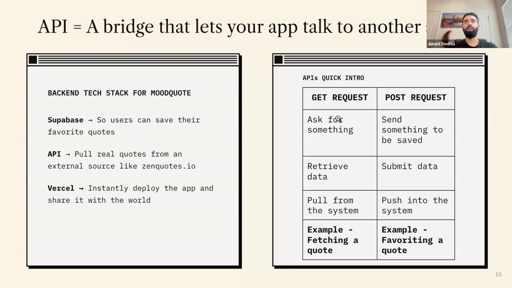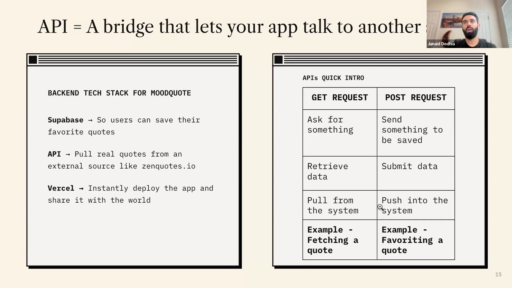Before we move forward, I wanted to quickly cover what GET requests and POST requests mean. In modern applications, we use GET requests to retrieve something and POST requests to submit something. So in our case, fetching a quote from an external source like ZenQuotes would be a GET request.